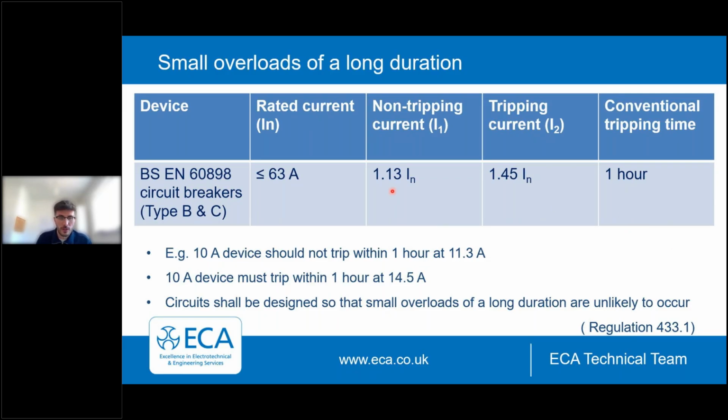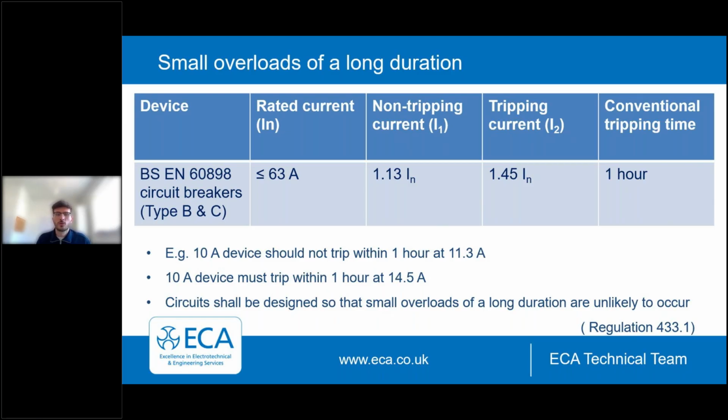And of course, the values that we've got on screen here are specific to circuit breakers. Fuses would have different values. And again, the IET design guide has a detailed table similar to this, but with a lot more examples of typical devices that we find in common electrical applications.